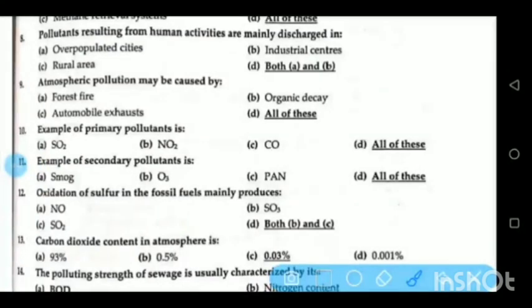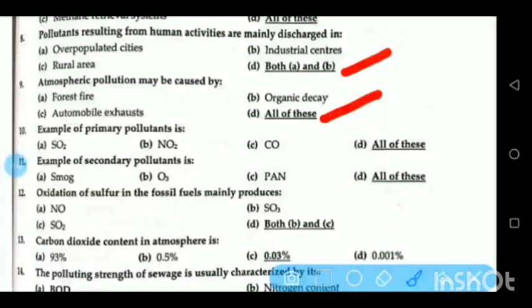Pollutants resulting from human activities are mainly discharged in both A and B, overpopulated cities and industrial centers. Atmospheric pollution may be caused by all of these: forest fire, organic decay, and automobile exhausts.